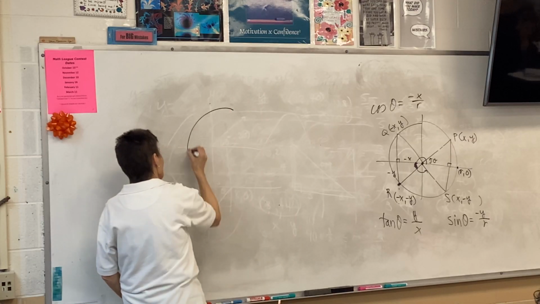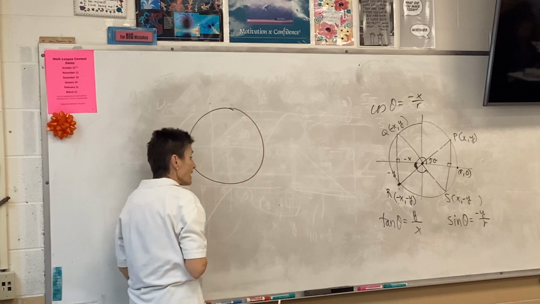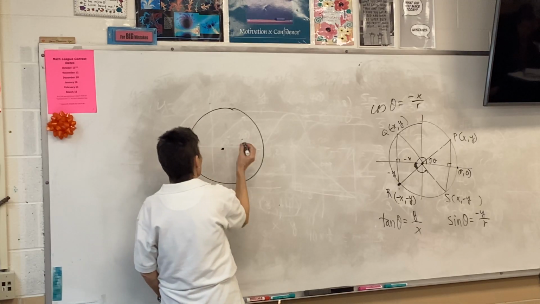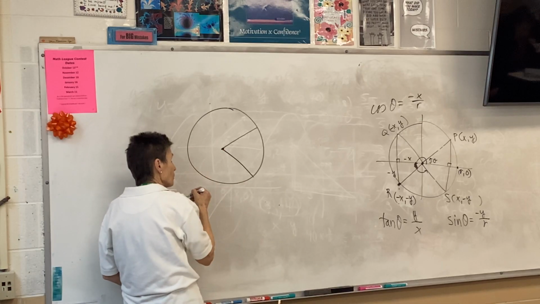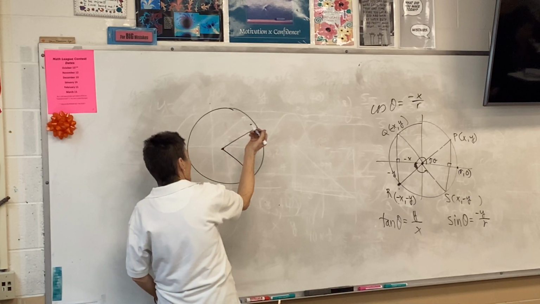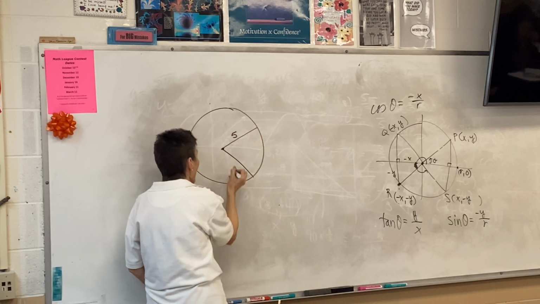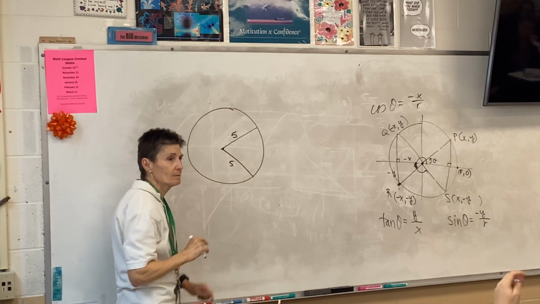So they decided to take a circle with, let's make up a radius, let's say the radius is 5.